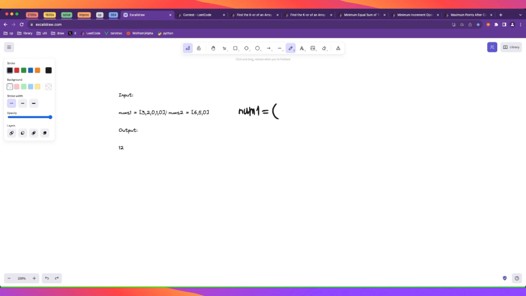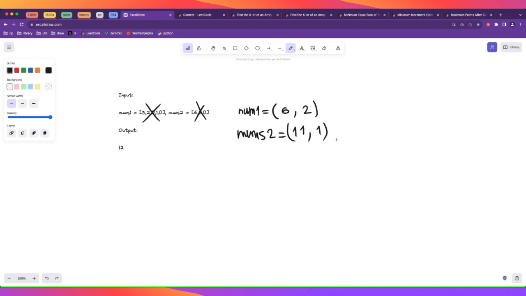So we only care about the sum of the array. Here it is 6. And how many zeros it has. Here it has 2 zeros. And nums2 has a sum of 11 and has 1 zero. So we can forget about the arrays, it doesn't matter.